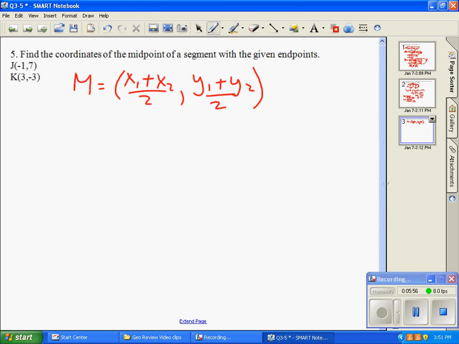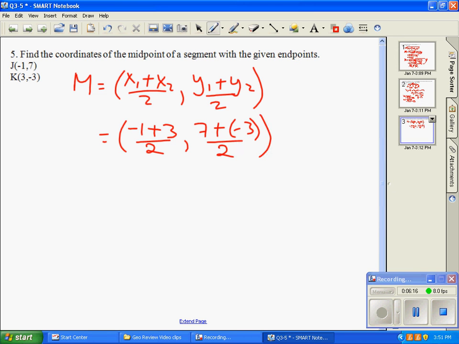So we just plug in the pieces. So we have -1 plus 3 over 2 for the x's, and then 7 plus -3 over 2 for the y's.